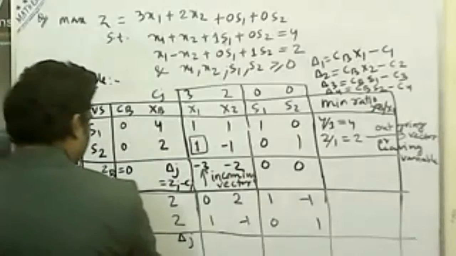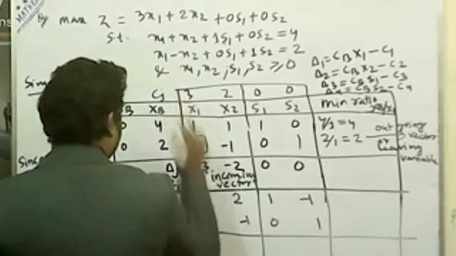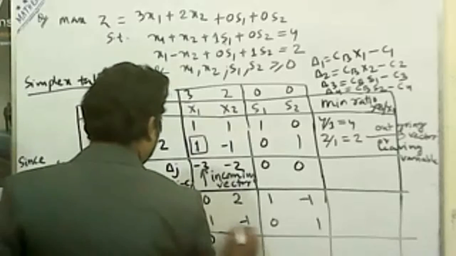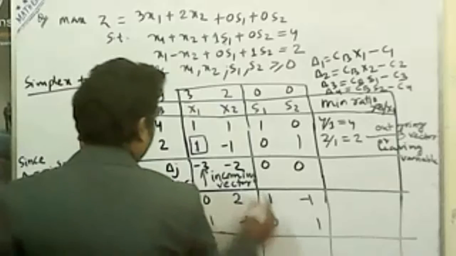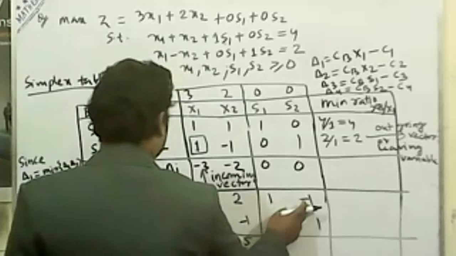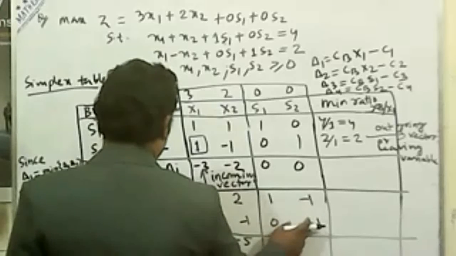Now delta Z is equal to this into this: 0, 3 into 3, 1, that is 3 minus 3, that is equal to 0. 0 into 2, 0, plus 3 into minus 3, minus 3 minus 2, that is equal to minus 5. Here 0 into 1, 0, 3 into 0. Here this is equal to 0 into minus 1, 0, 3 into 1, that is equal to 3.